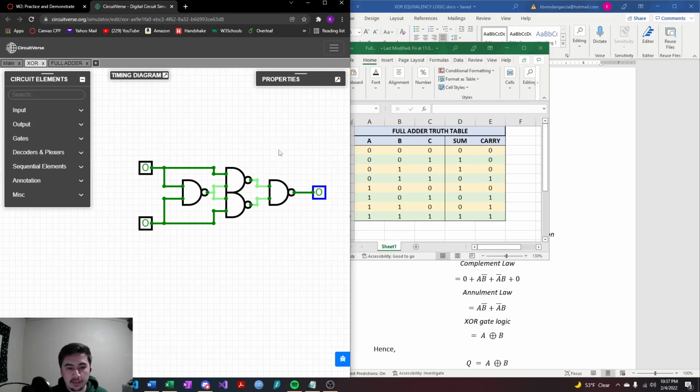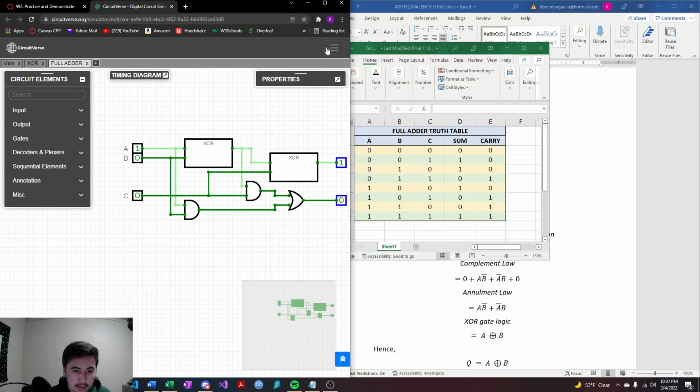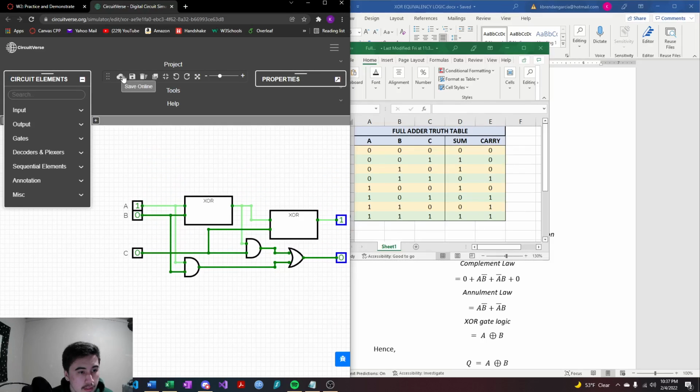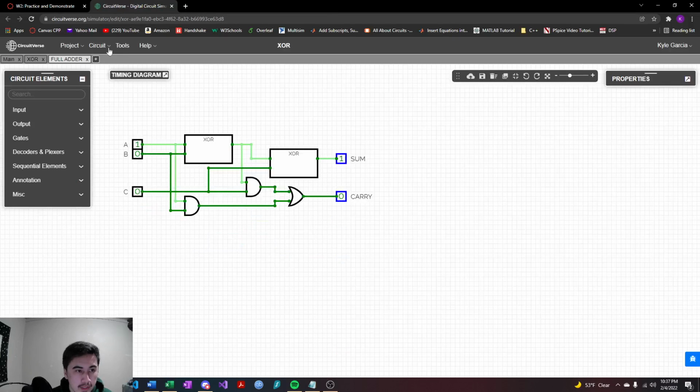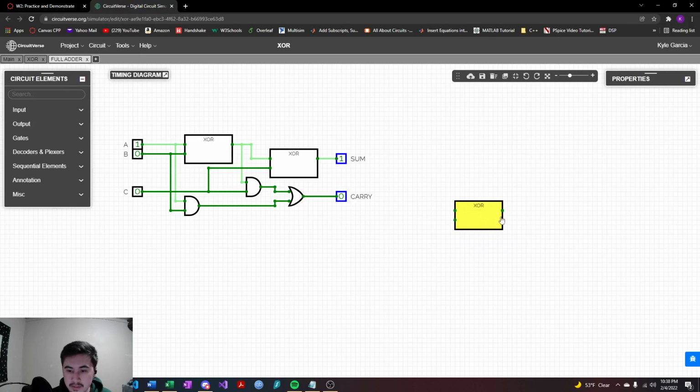So once we have this XOR gate, we can then start making our full adder. And to do that, we got to full screen it. And as you can see right here, we can insert a sub-circuit and insert XOR as such. But we won't be needing it since we already have it built.